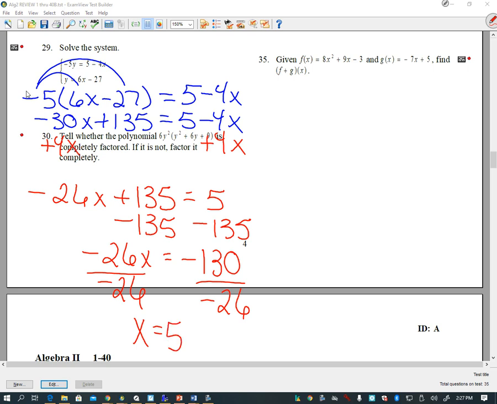Okay, Bobby, now that we know that x equals 5, what do you want to do? How are we going to get y? Okay, where do I want to plug it in at? Do you have any recommendations? Like what's that? Second one? Okay, good, because it's already set up for y equals, so I got y equals what?